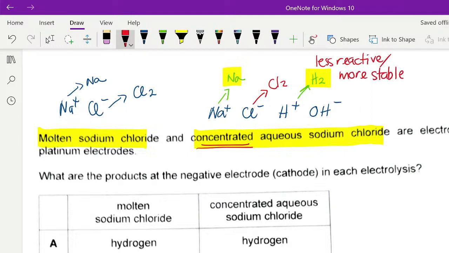So this is the one that's going to be formed. So the product here is hydrogen gas forming at the cathode. Not sodium, but hydrogen gas. Right, so what are the products at the negative electrode or cathode? The products are, for molten, you have sodium because you don't have hydrogen at all. And then for concentrated aqueous solution, you get hydrogen. Answer is C.